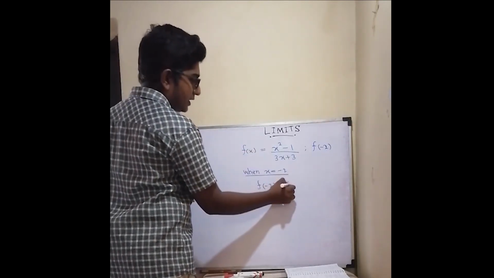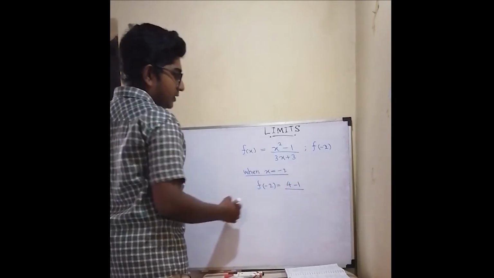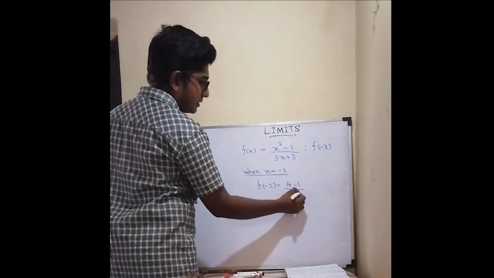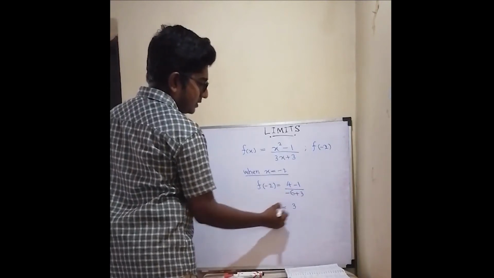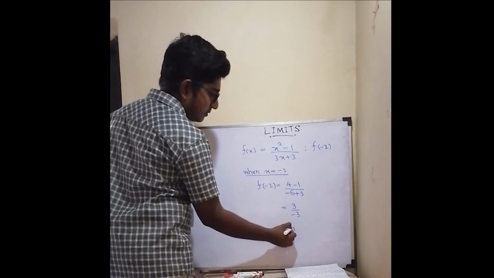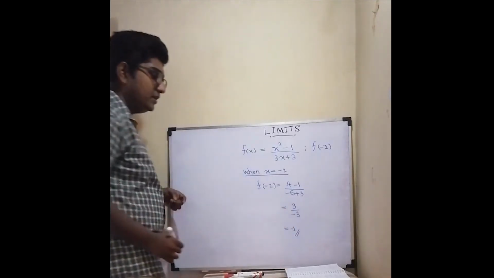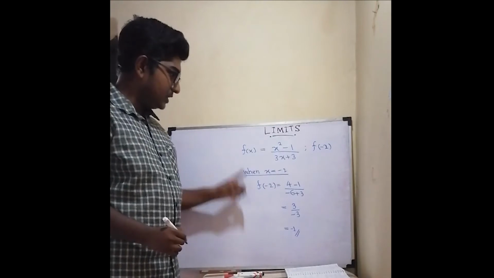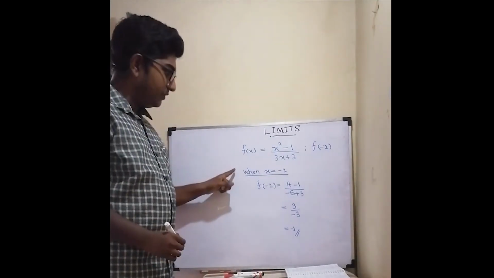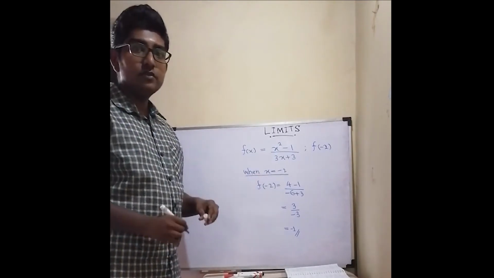Minus 2 squared 4, 3 into minus 2 minus 6, then I have 3 over minus 3, which is minus 1. That is, the value of this f of x function becomes minus 1 when we take x as minus 2.